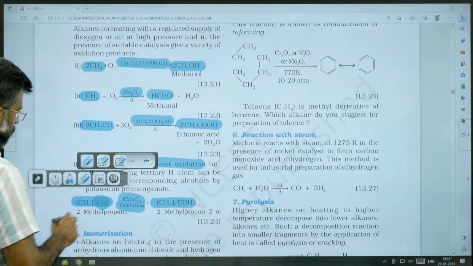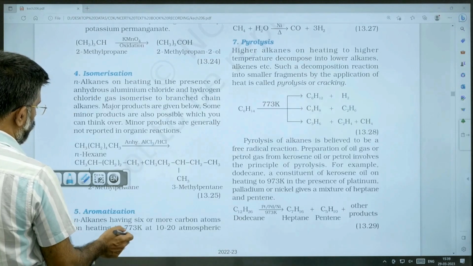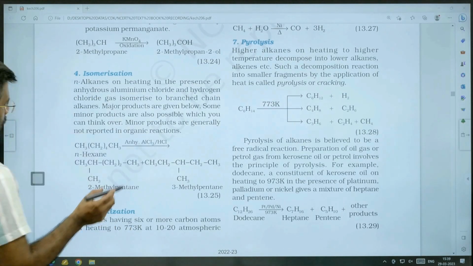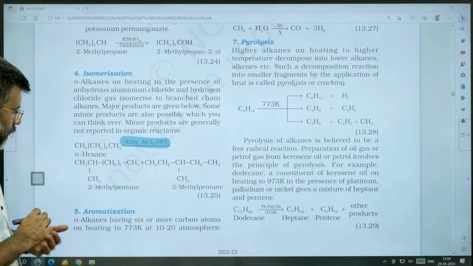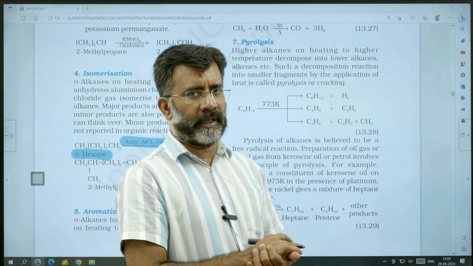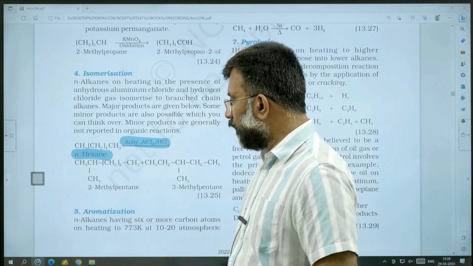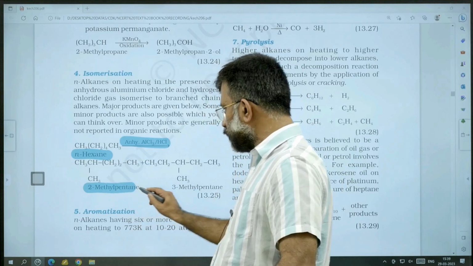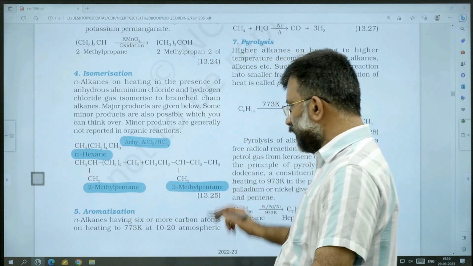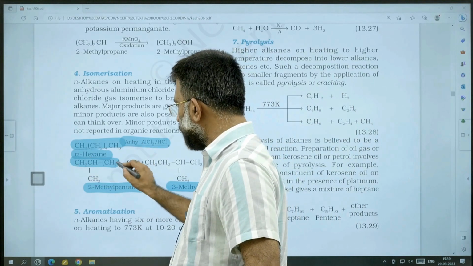Another reaction given by alkanes, explained in the text, is the isomerization reaction. A given long chain alkane heated with anhydrous aluminum chloride gives branched chain molecules. Normal hexane is converted to 2-methyl pentane, 3-methyl pentane. You are converting a normal chain into branched molecules.